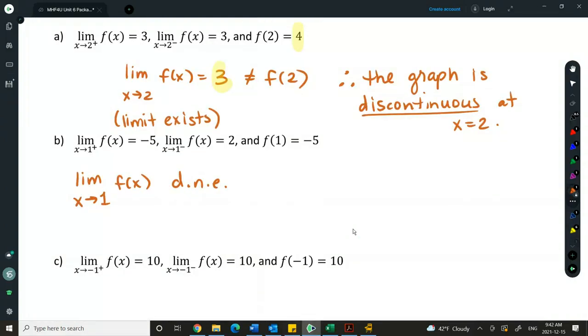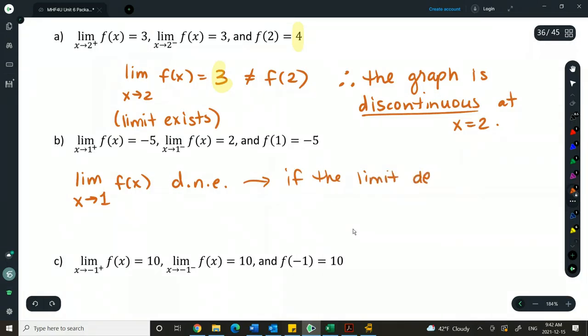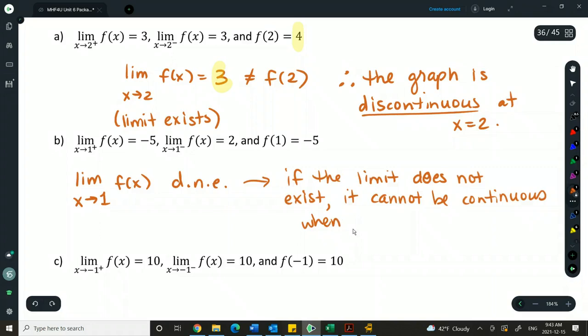So there must be a break in my graph at this value. As soon as the limit doesn't exist, it can't be continuous. That's the same type of thing.